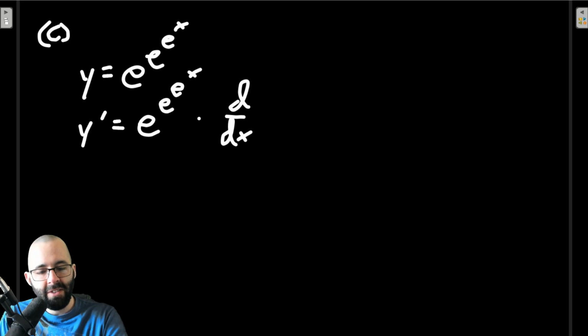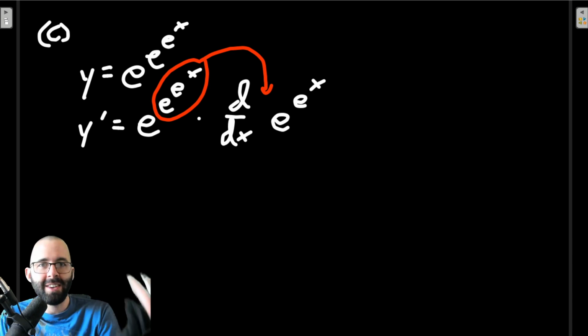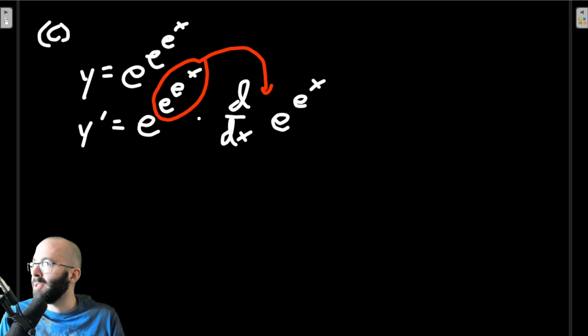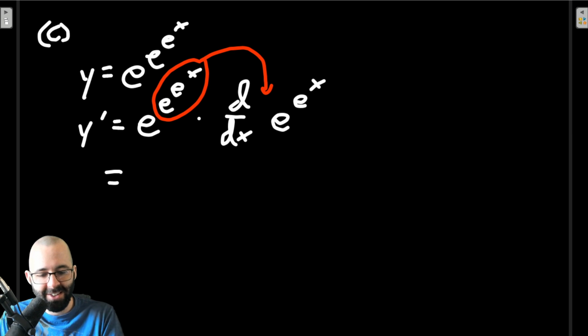I'm going to leave that circled. That's going to be multiplied by the derivative of e to the x. So still silly, but not quite as silly. We've cut down one of the stories of the building.